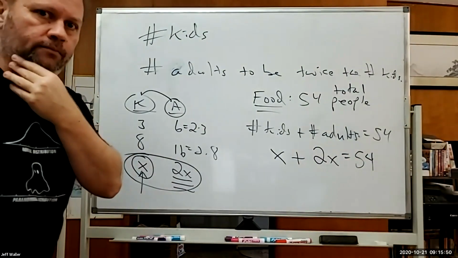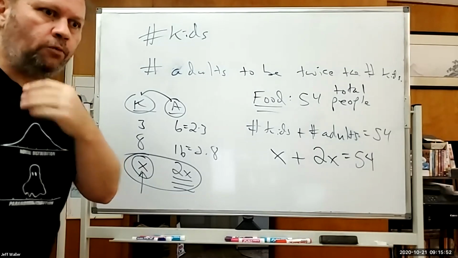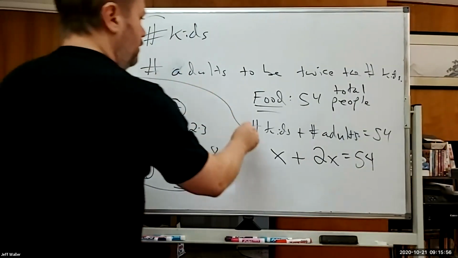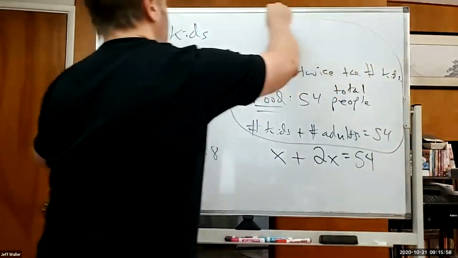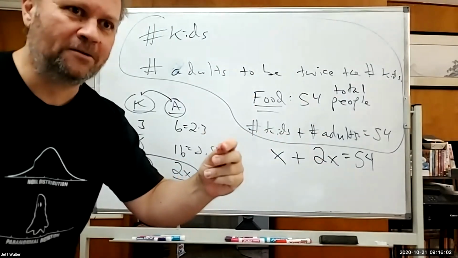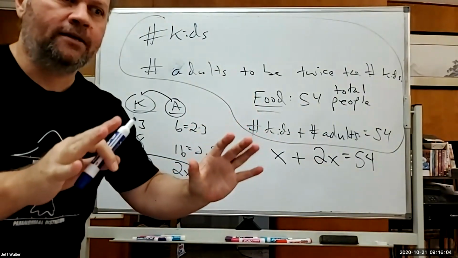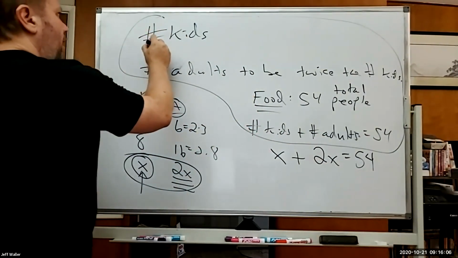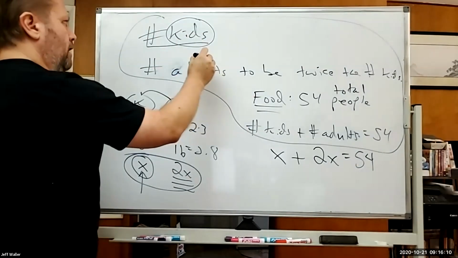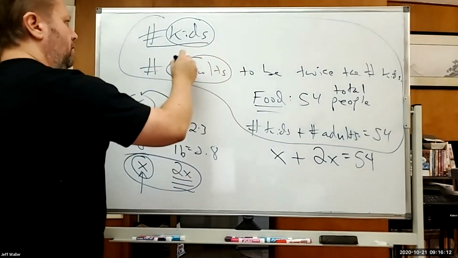That's a word problem. So what did we do for this word problem? I started with a lot of English, right? That's the thing that people don't realize. You don't have to jump straight to math. You start with English, and then I identified the parts of the problem. Who are the players in this problem? Kids and adults.